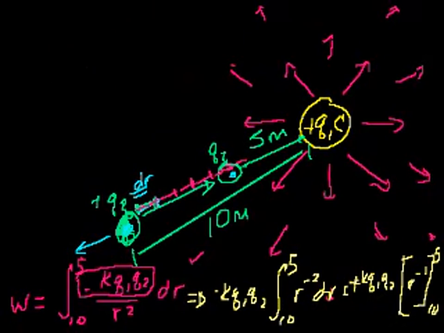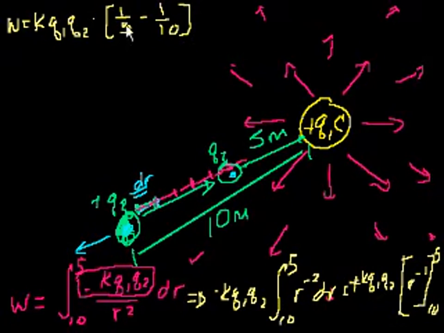So let's see, we said that the work is equal to, I'll just rewrite that. We had the minus out here, but then we had a minus when we took the antiderivative and they canceled out. So we have k q1 q2 times the antiderivative evaluated at 5, so 1 over 5, r to the negative 1, so 1 over r, minus the antiderivative evaluated at 10, minus 1 over 10.